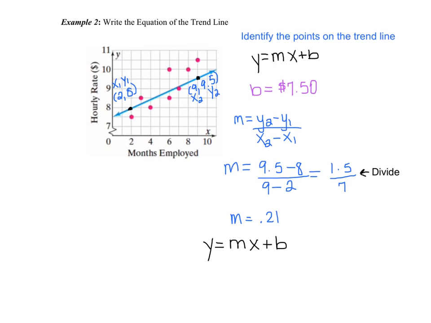So we have y equals my slope we just identified as 0.21 x, and then our b we identified as $7.50. So plus $7.50. And that is your answer.